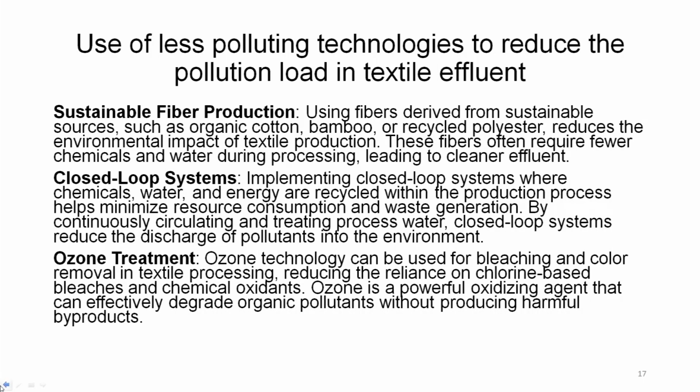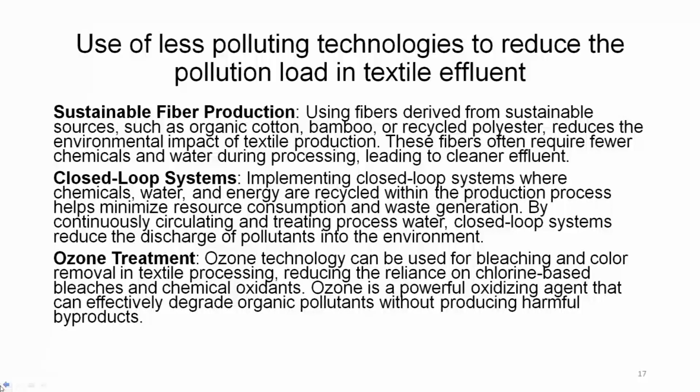Closed loop system. This is one new thing that we will be learning. We have mentioned this in the earlier lectures, but very briefly. Implementing closed loop systems where chemicals, water and energy are all recycled within the production process helps minimize resource consumption and waste generation.